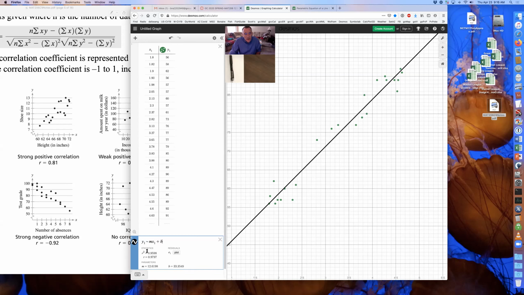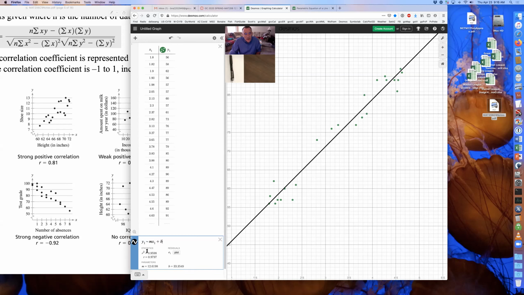I don't know if you can see it. What should I do with the data? Here, let's do this. I'm going to add a folder and call it the data.